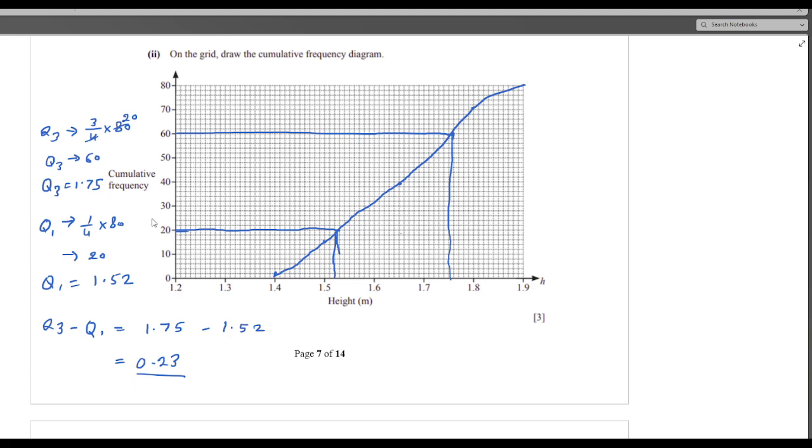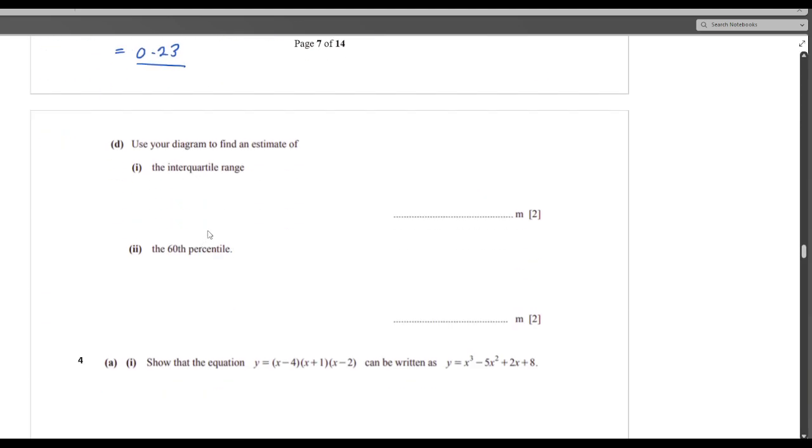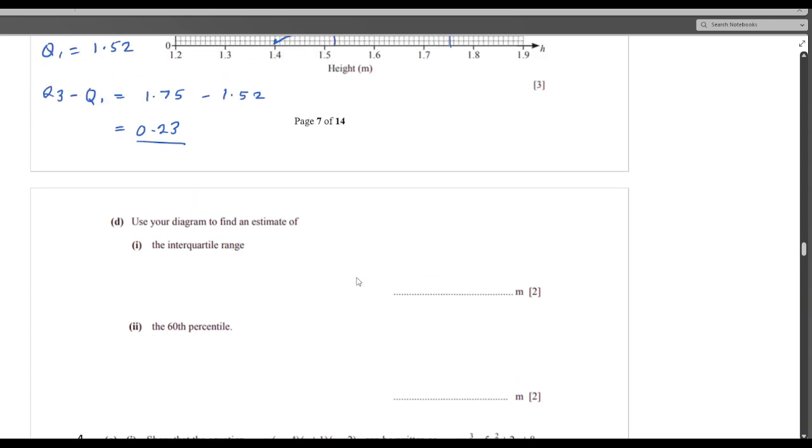Now the next question is, so interquartile range we have calculated. We should write our solution over here. 0.23 is your answer. Okay, 0.23. 60th percentile.